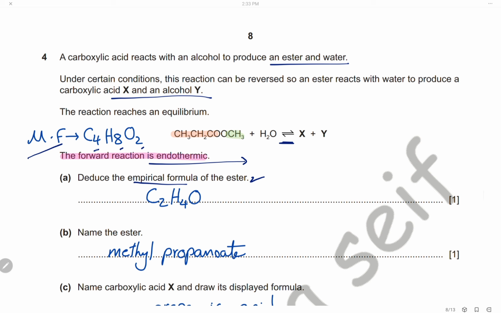So we will divide the molecular formula by 2 to get C2H4O. This will be the empirical formula of the ester, and then we have to name the ester. To name the ester, first we will write the alcohol part. The alcohol part here has 1 carbon, so it's methyl, and we have 3 carbons in the acid part, so the acid was propanoic acid, and the ester name will be methyl propanoate.